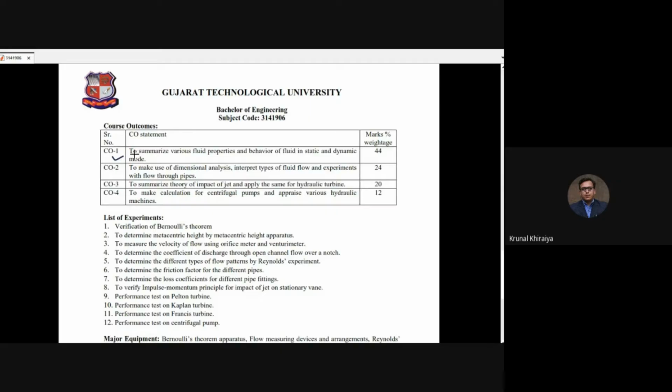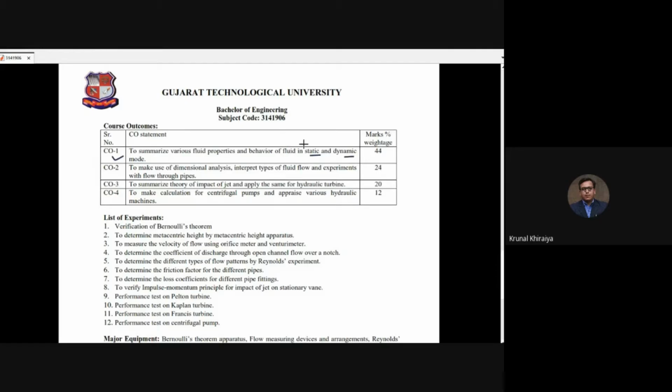After attending this course, the student will be able to summarize the various fluid properties, meaning after the course you must have the ability to summarize various fluid properties and the behavior of fluids in static and dynamic conditions.